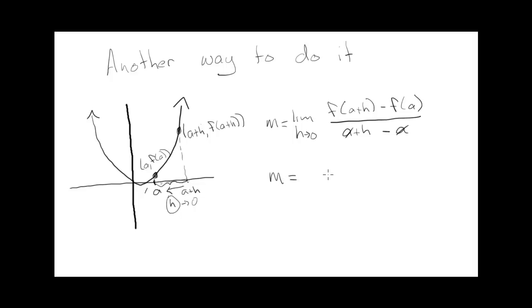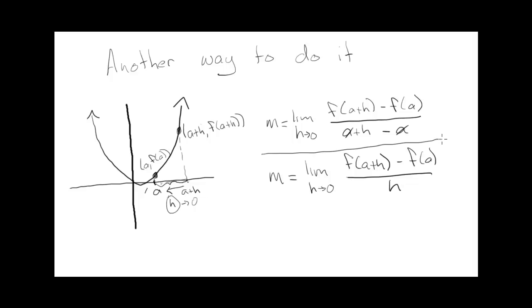So m would equal the limit as h goes to 0 of f at A plus h minus f at A over h. So this thing right here is the slope of the tangent at A.